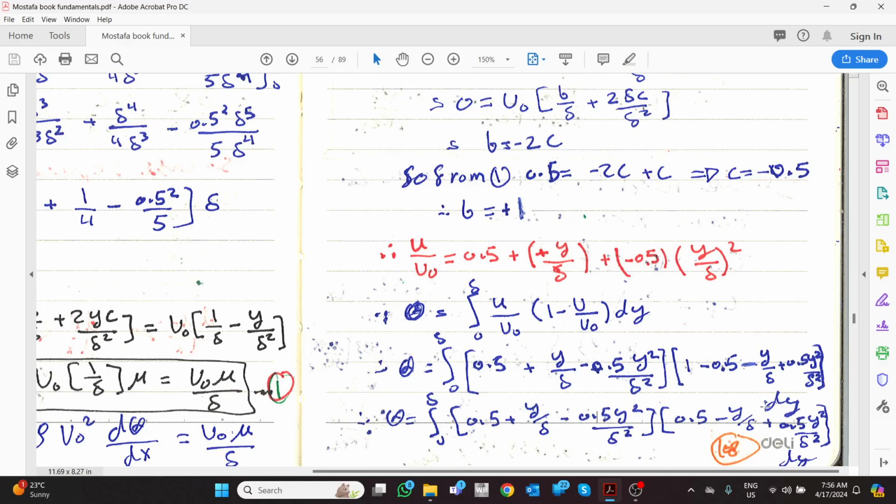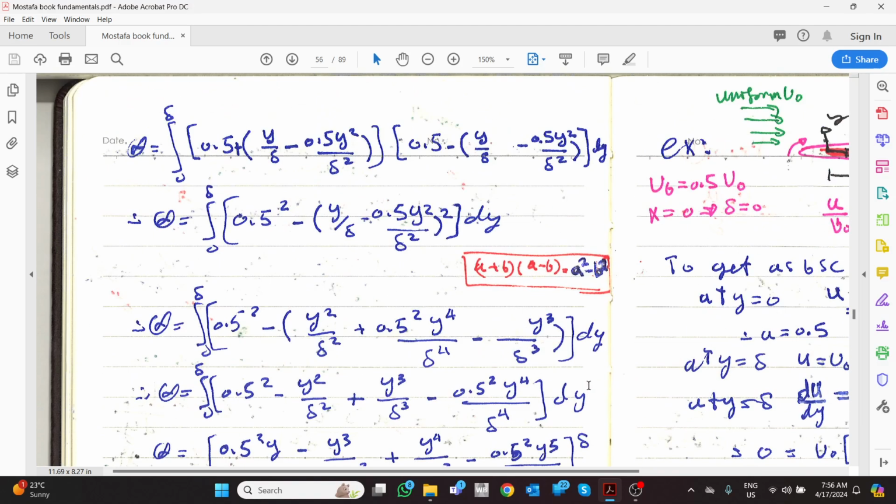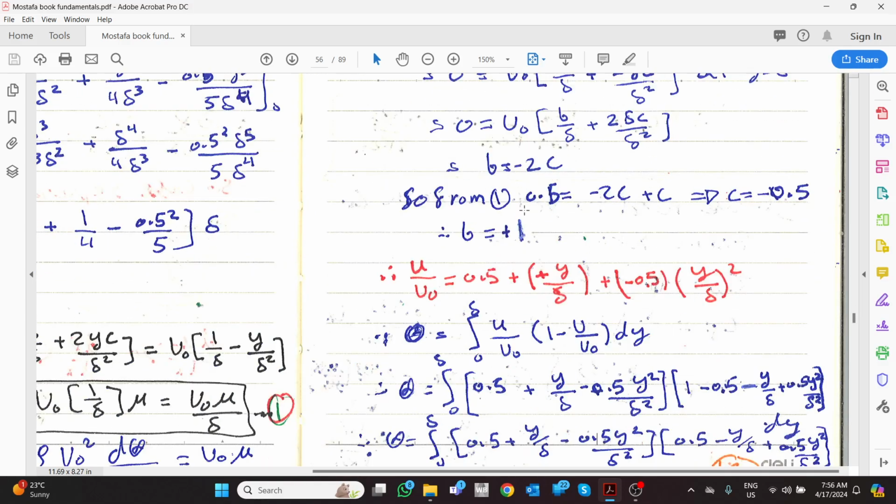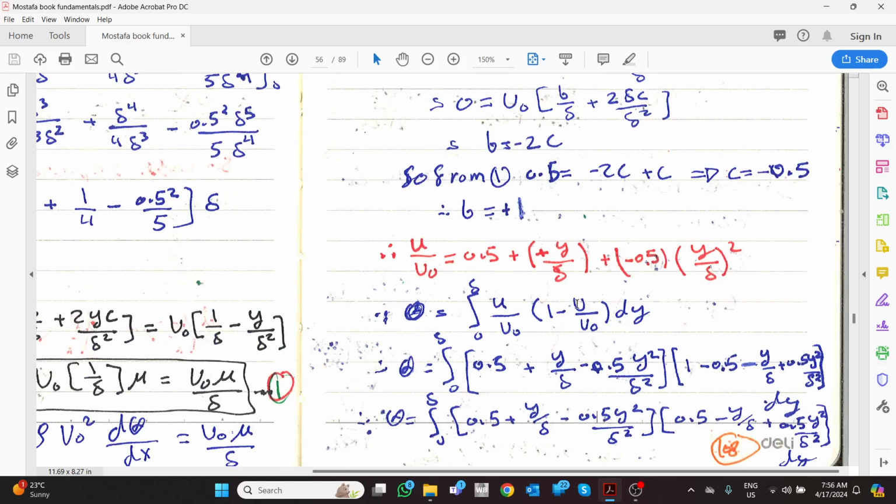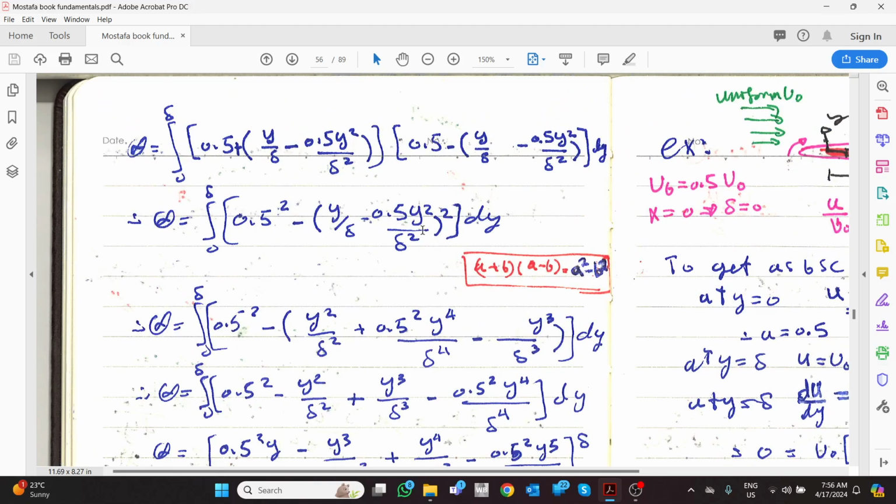It is all multiplied by dy. Make algebra, left and right, right and left. What we did here in algebra, just to understand, I just tried to keep it in a way of a plus b multiplied by a minus b, just for simplicity.